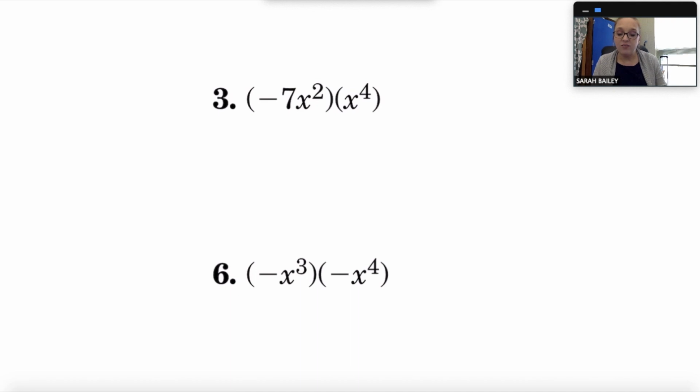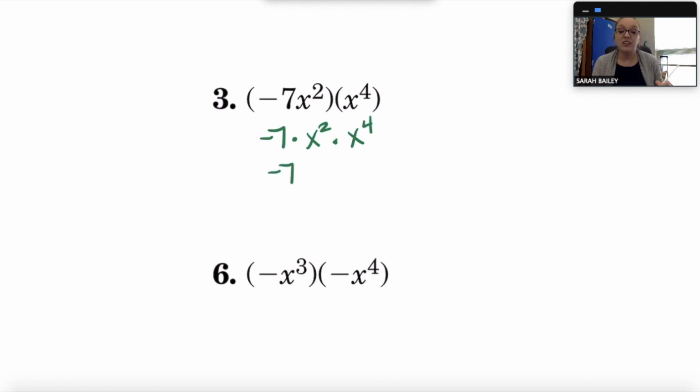So now we have negative 7x squared times x to the 4th. For this one, really, we can just bring down that negative 7. And when we do the x squared times x to the 4th, well, let me actually write it like this. Let me scratch that. Let's spread it out: negative 7 times x squared times x to the 4th. That's what that means.